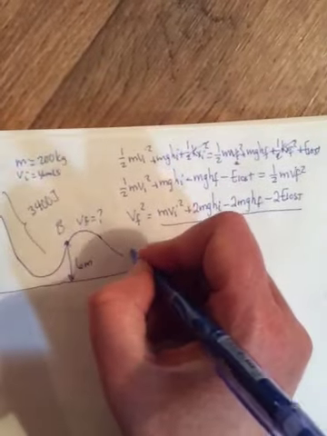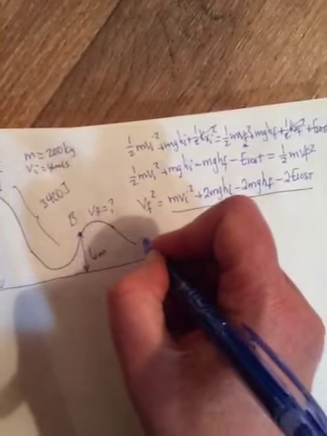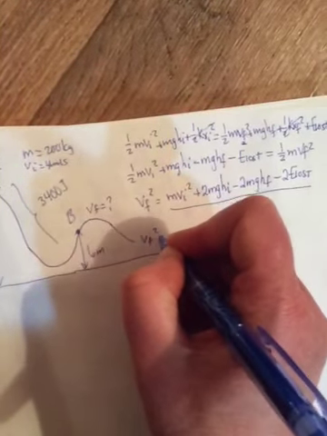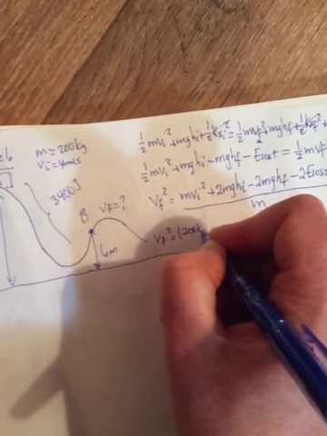All right, and now we can fill our numbers in. There's no way I'm going to have enough room up here, but hey, I live dangerously, I guess. M was 200 kilograms.